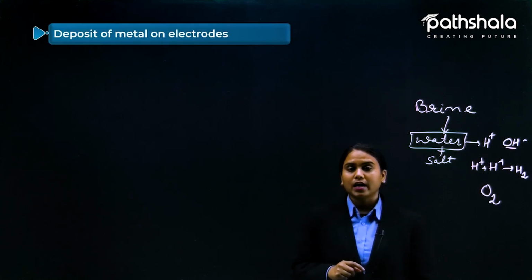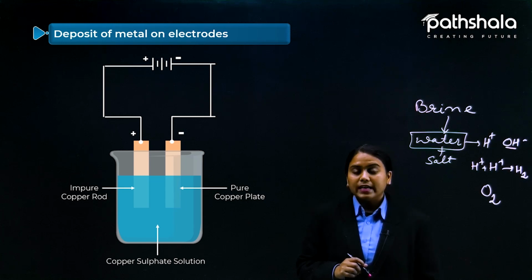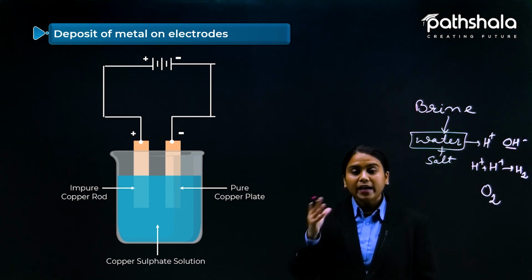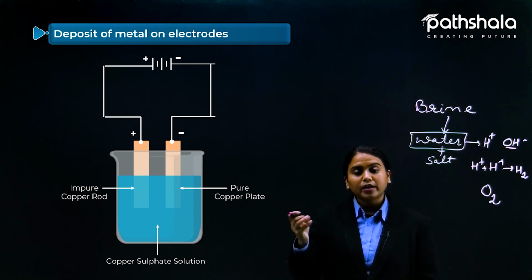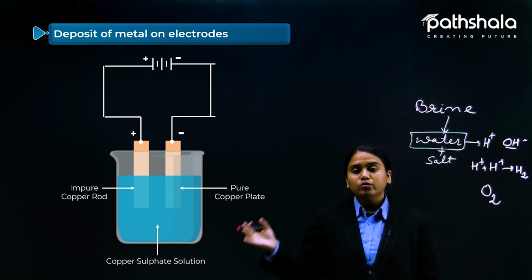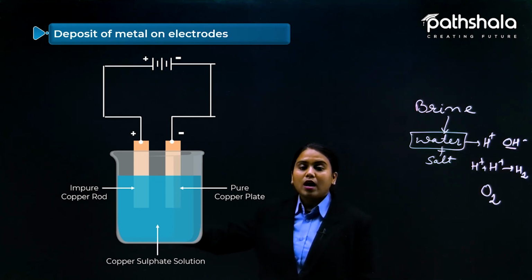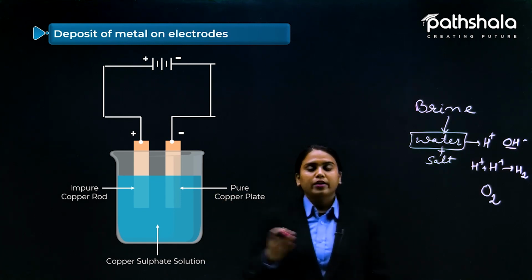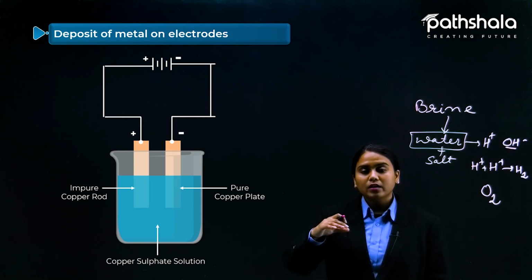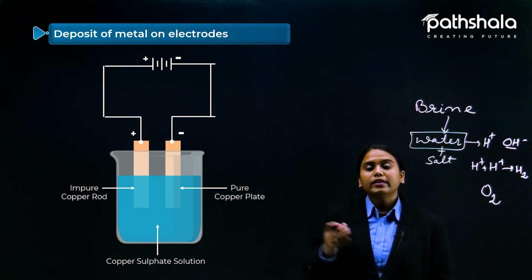Now let us see the other one, deposits of metal on the electrode. Yes, if we want to plate one particular type of metal onto another metal, then we can use this method. Let's suppose we are having two electrodes, and one is a copper rod that is put on the anode.